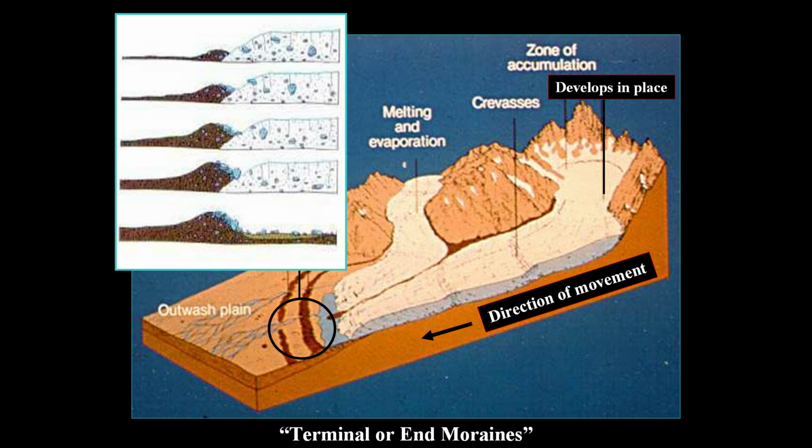This is what we're talking about when we say tills or moraines. If you'll notice the bigger picture at the bottom, it shows how a glacier started developing in place. Far to the right, it says develops in place, and then you have the direction of the movement where it starts to move and grow.